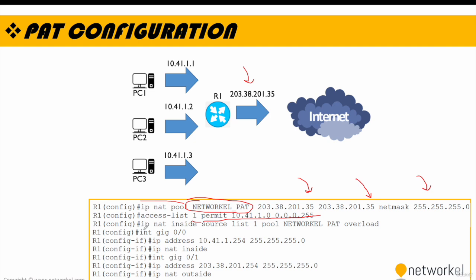Then the command is ip nat inside source list, the access list number, pool, the network PAT pool, followed by the overload keyword. That is the key differentiator for PAT configuration. And then again I'm going to each and every interface. For the internal interface, I'm typing ip nat inside. For the external, I'm typing ip nat outside.